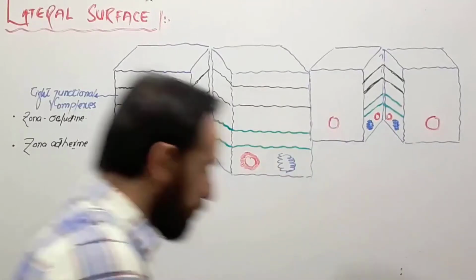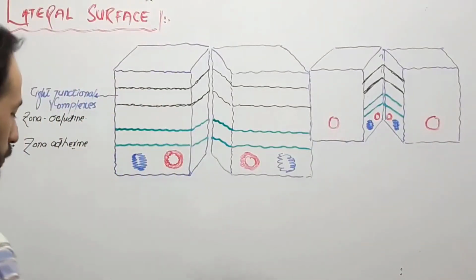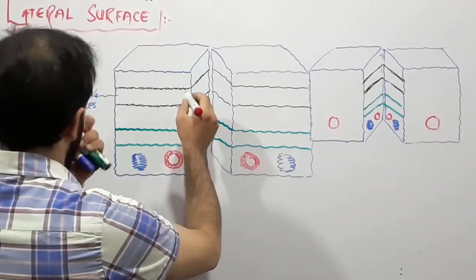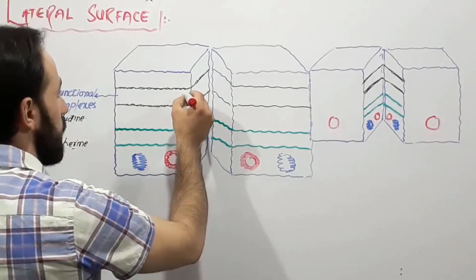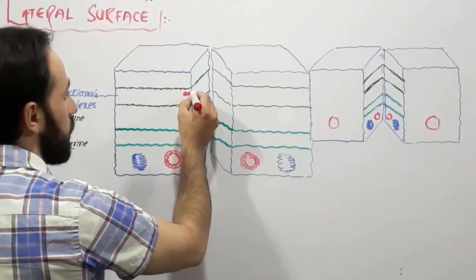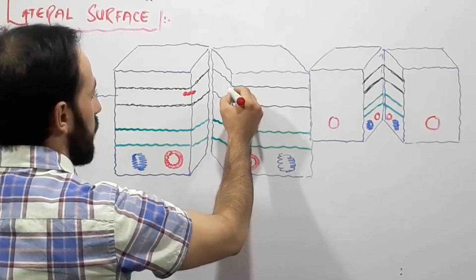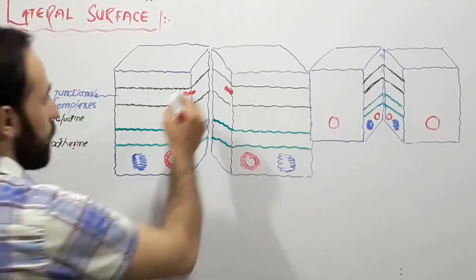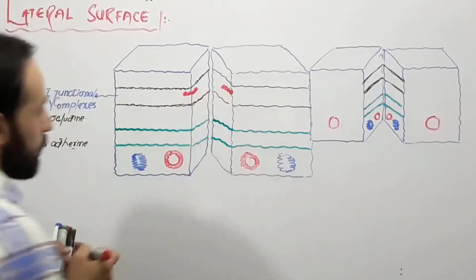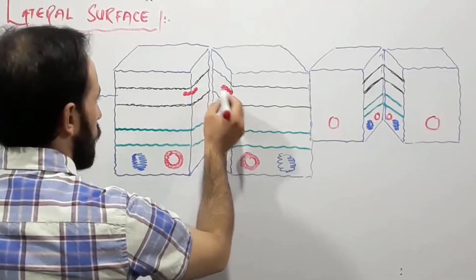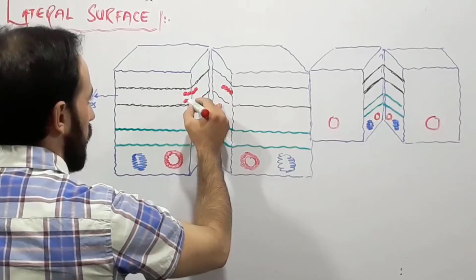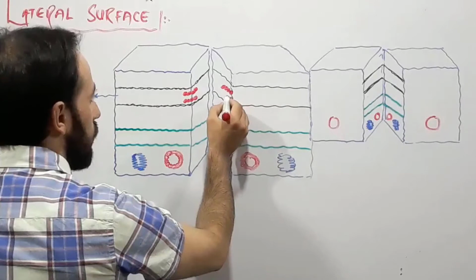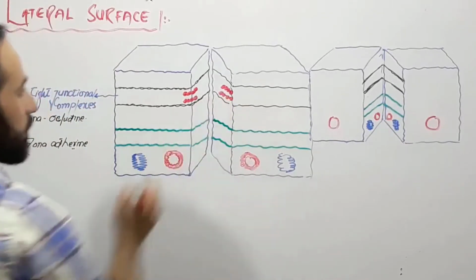The first group of proteins are called zonular proteins. I will make a very simplified diagram. These are the zonular proteins, here also, and from that cell also, and here again zonular proteins like this, right.